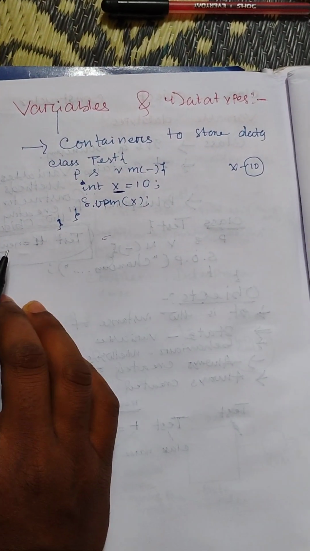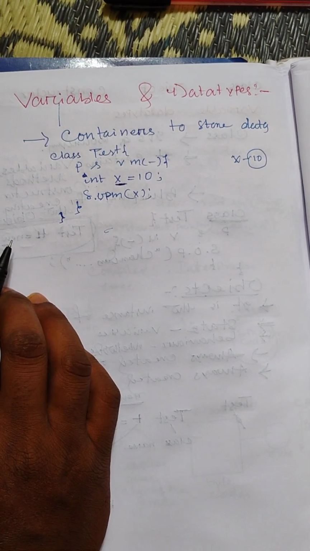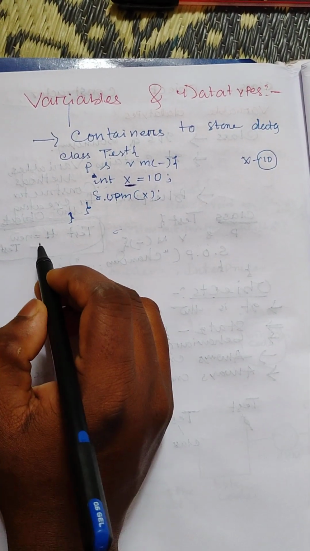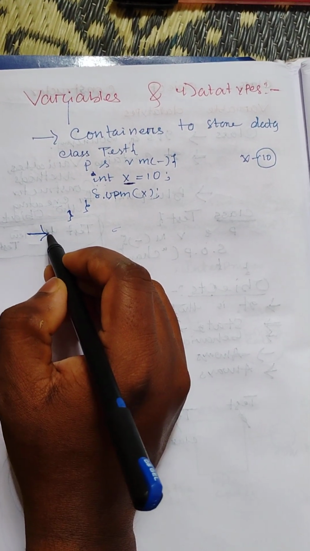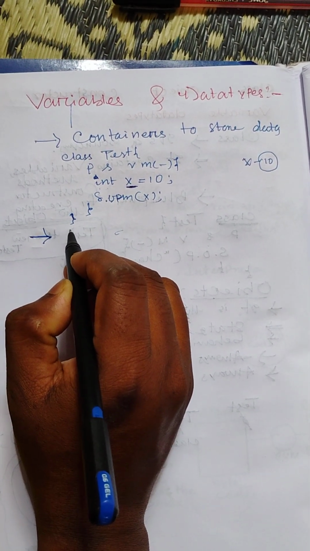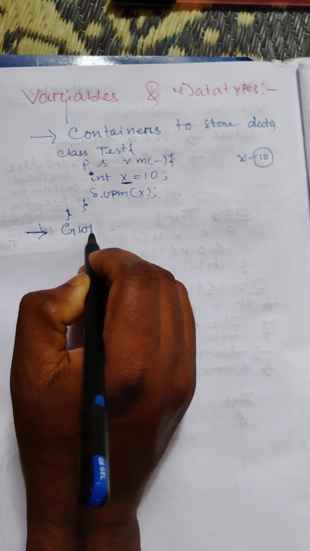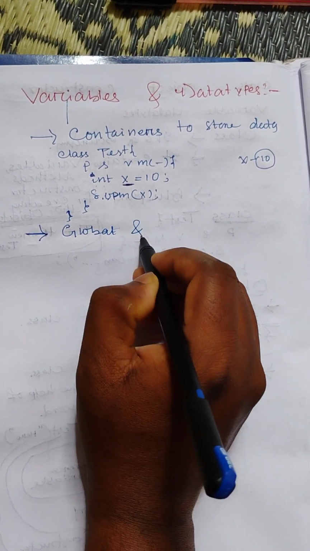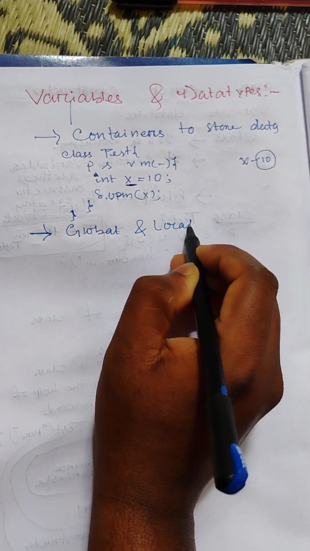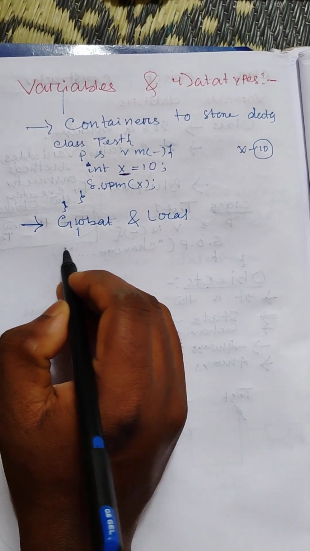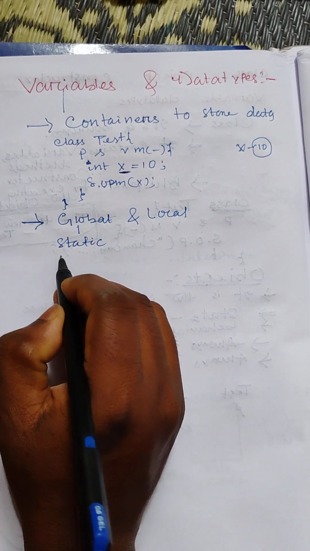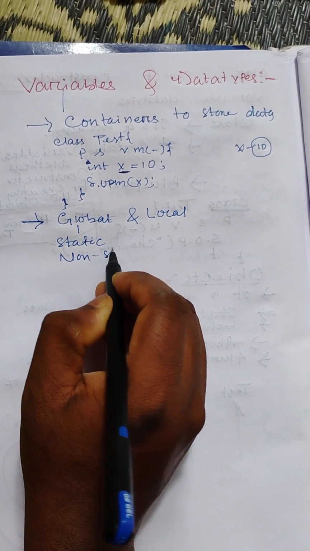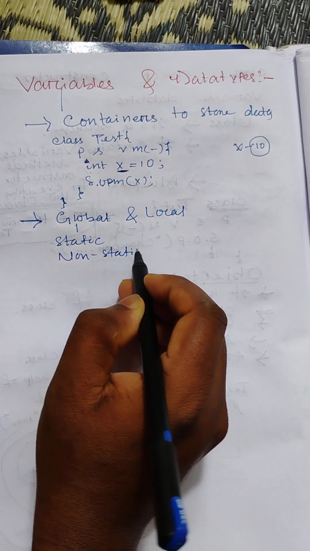So in Java, how many types of variables are there? In Java, firstly we can say global variable and local variable. Global is further divided into two types: static variable and non-static variable.